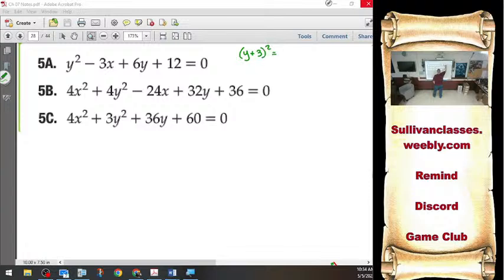First, I have to divide by 4. Yeah. Eight or 9 cancel. 16.